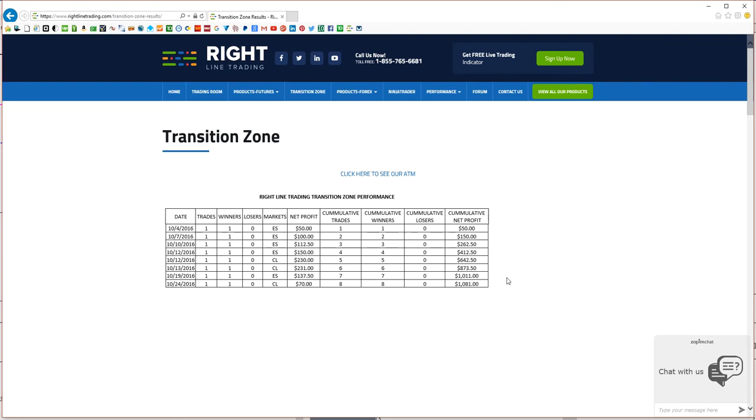The key is not the net profit, because we're only trading this with 2 contracts to create a small net profit. It's the number of winners versus the number of losers and the risk to reward. And the risk on these trades is exceedingly tiny.